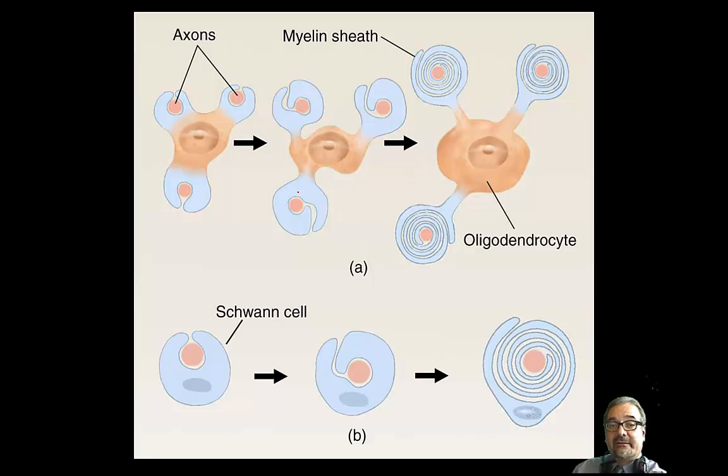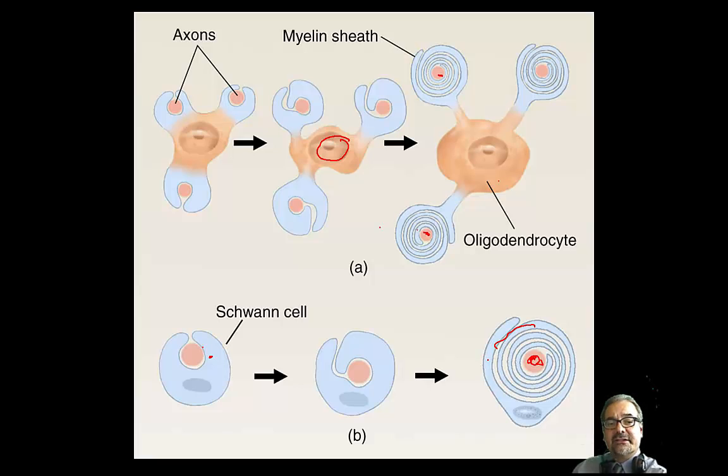This figure from your book shows you an oligodendrocyte wrapping around multiple axons from different neurons, and a single axon having multiple oligodendrocytes. In the peripheral nervous system, it's a much simpler system. It is basically a single Schwann cell wrapping around a single axon. So it's a one-to-one relationship. This is what happens in the peripheral nervous system, and it has a very interesting clinical implication.